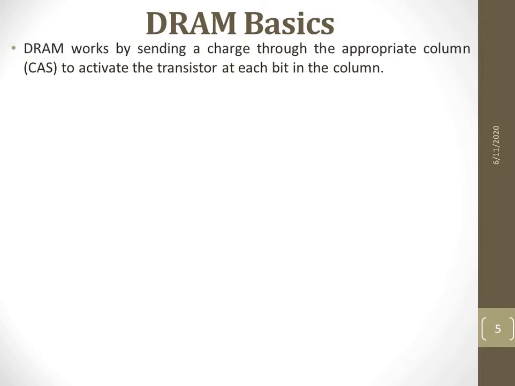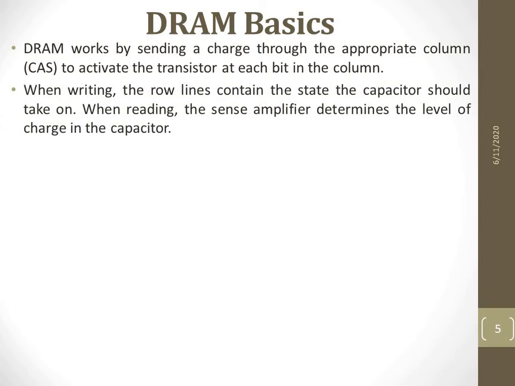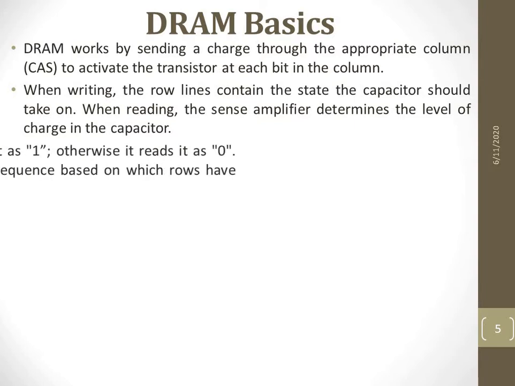DRAM works by sending a charge through the appropriate column, that is CAS, column address strobe as it is called, to activate the transistor at each bit in the column. When writing, the row lines contain the state the capacitor should take on. When reading, the sense amplifier will determine the level of the charge in the capacitor.